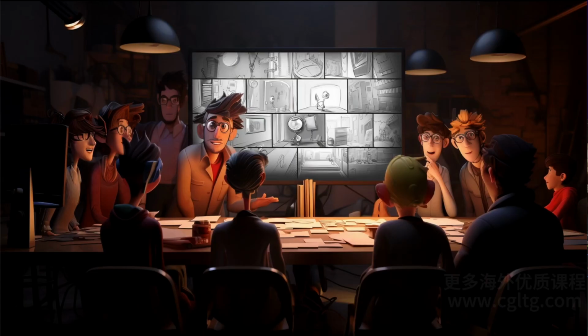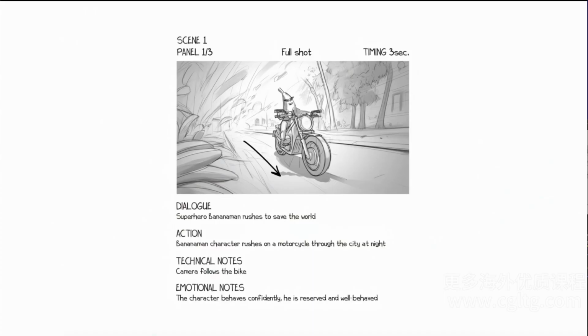In the Disney method, storyboards are usually reviewed in sweatbox sessions, where animators, directors, and other team members scrutinize each panel. Here is a simplified breakdown of what a typical storyboard panel might include. Visual representation. This is the primary element of the panel.